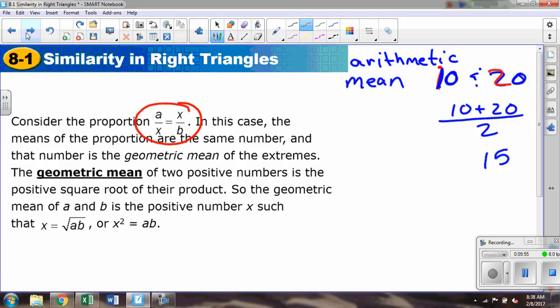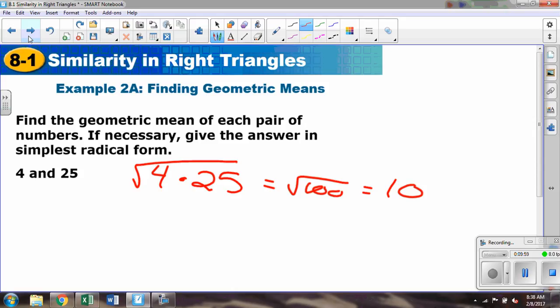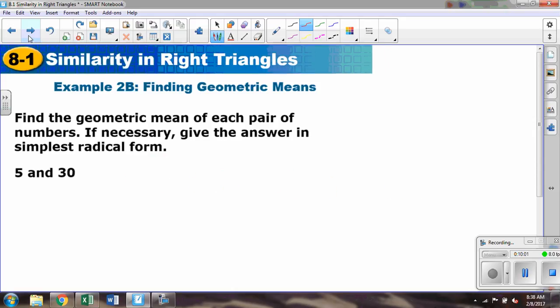Knowing how to set up the proportion is the critical skill. Same thing here. What's the geometric mean? Well, if you care about the proportion, the geometric mean is going to be on one diagonal. And then your other two numbers serve as the foundation for it.